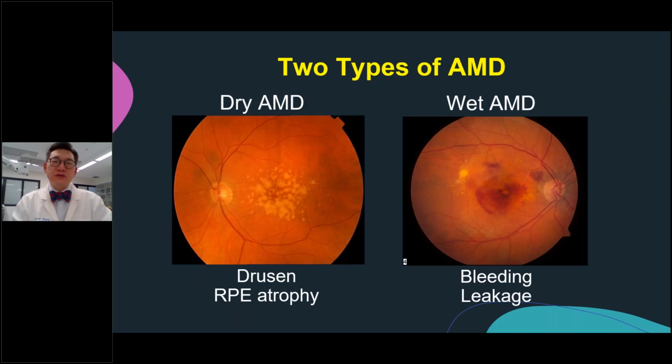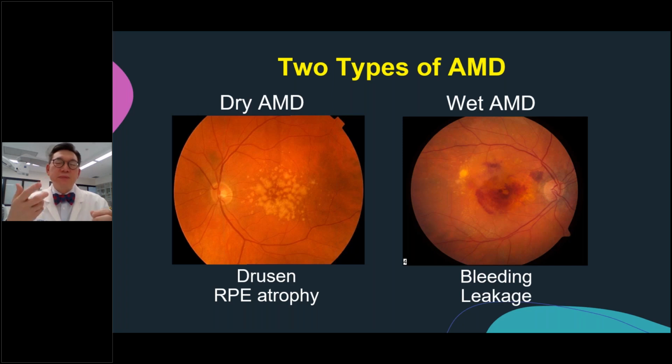There are two broad types of macular degeneration, the dry type and the wet type. The dry type is where tissues at the center of sight, that is the macula, start to wear thin and wear out. And the wet type is where blood vessels grow in the central vision area, and as these blood vessels grow, they bleed and leak fluid.